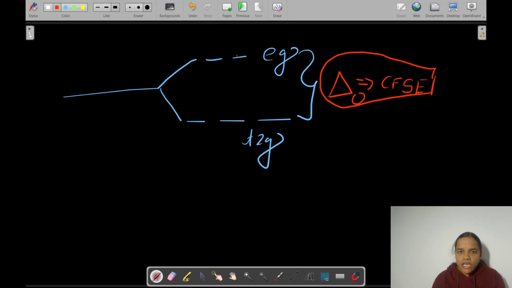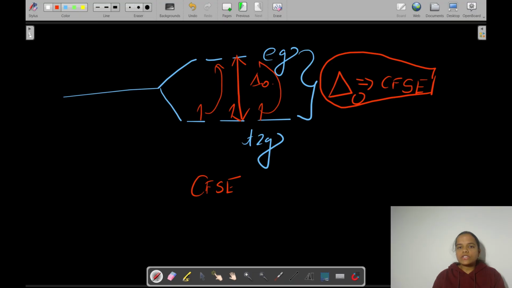So the energy difference between the higher energy level and the lower energy level is called Δo or CFSE, crystal field stabilization energy. The reason the d transition metal complexes exhibit colors is because of the d electronic transition.